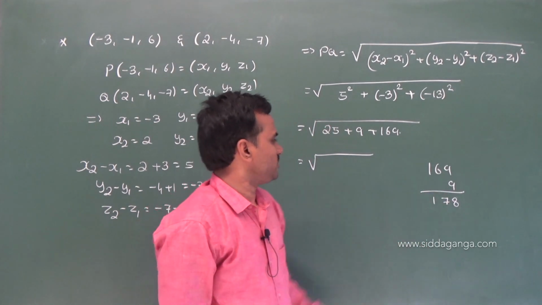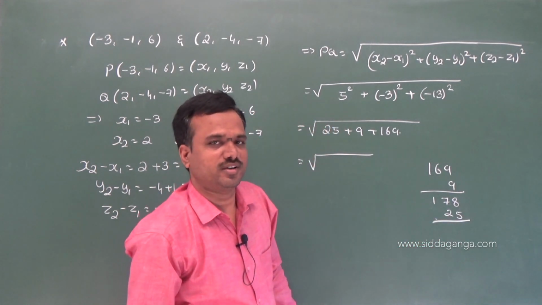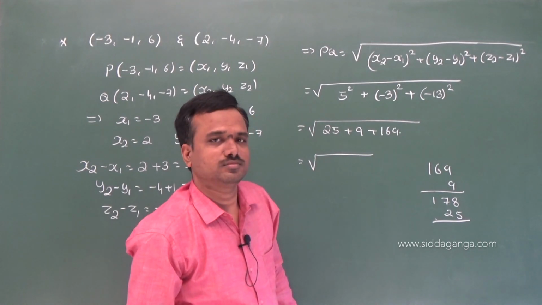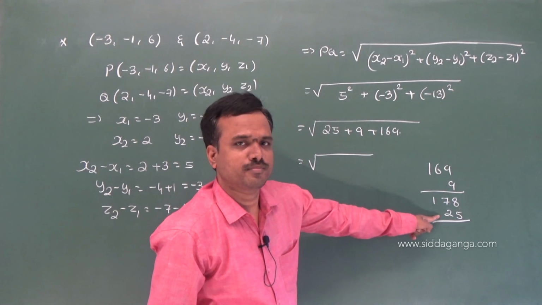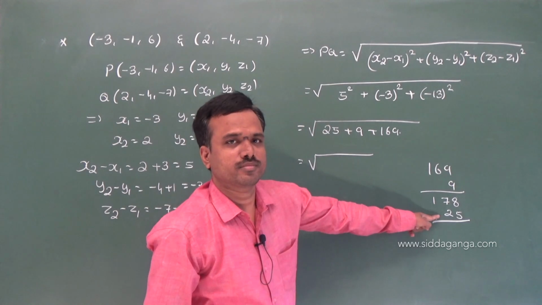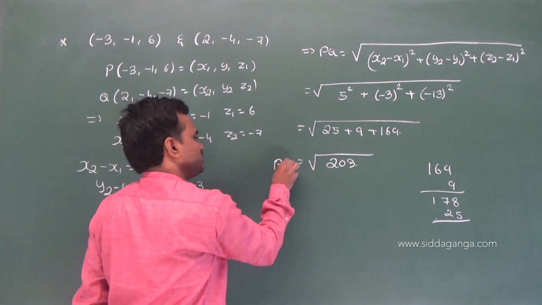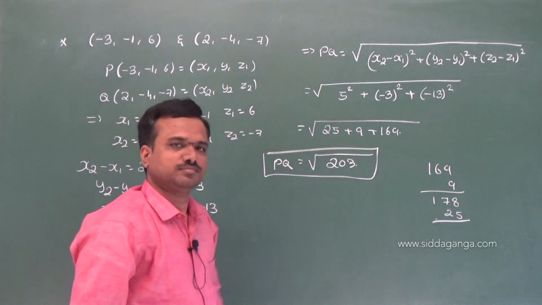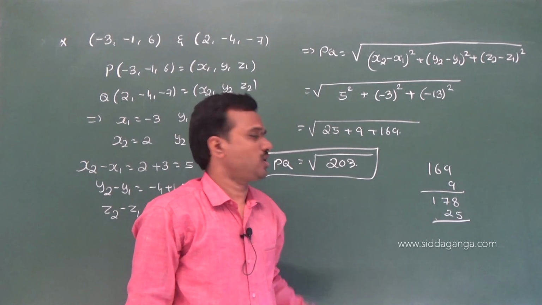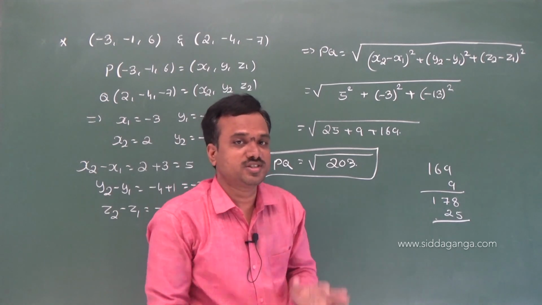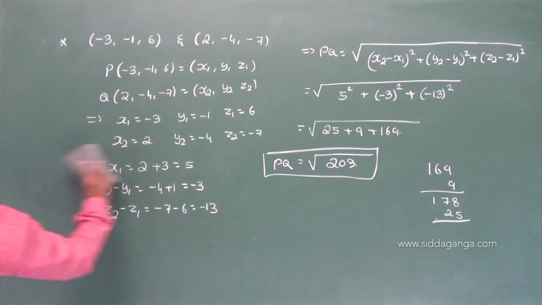Then 178 plus 25 is 203. The distance between these 2 points is given by square root of 203. Is it clear? So we solve the next type of problems regarding the same concept, distance between 2 points.